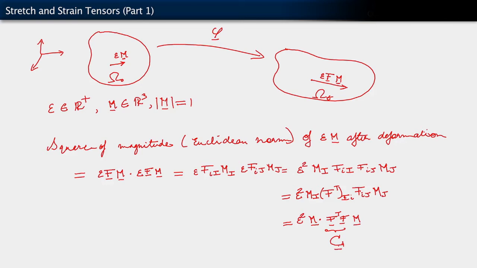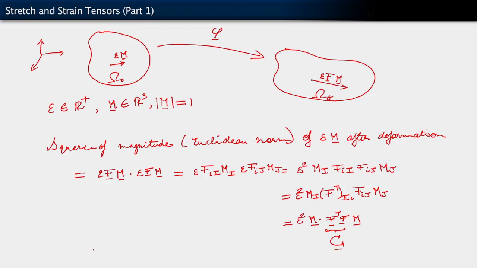Now, what is the effect of C? What C has done is that it has essentially taken the undeformed vector epsilon m. C acts upon epsilon m, and then after dotting it again from the left by epsilon m, what we observe is that we're left with the square of the magnitude of the deformed vector.